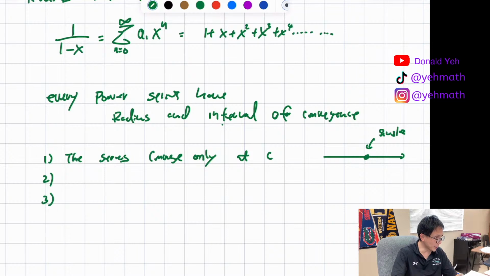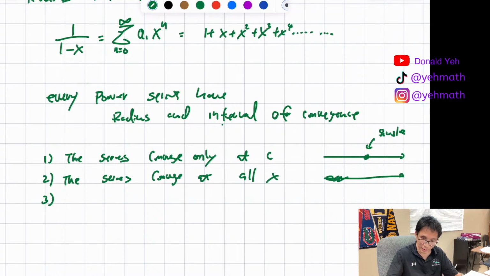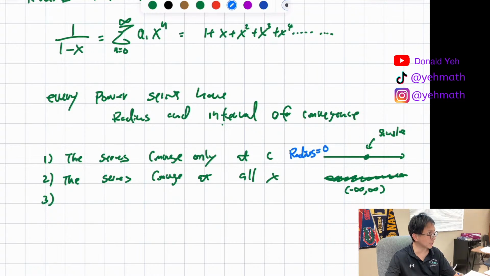The second situation is that the series converges at all x, so that means every single point, from -infinity to infinity. Now for the first one, if it works for only 1 point, the radius is equal to 0. Is that okay? And this one's radius is what?